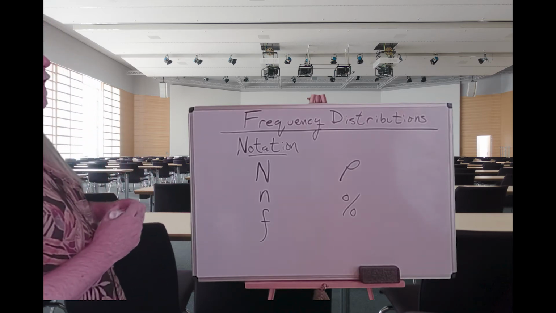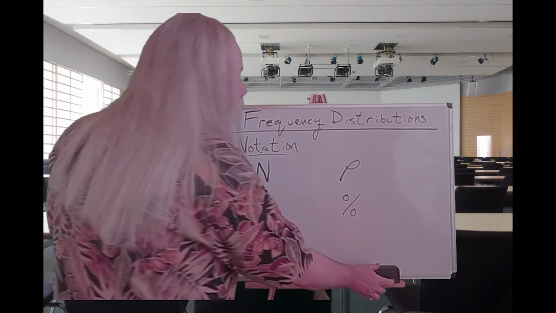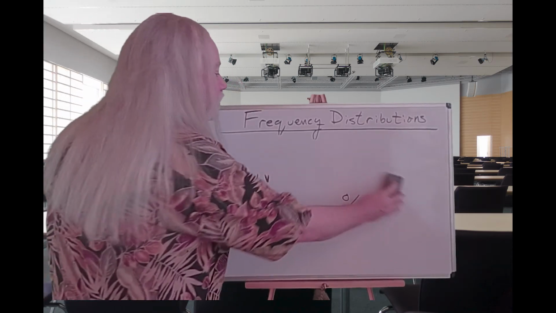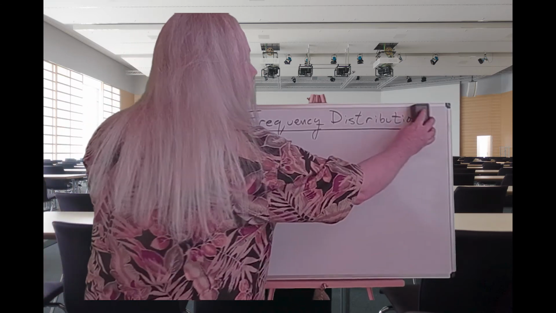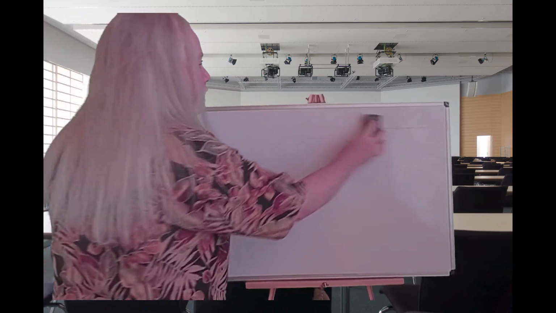Now, the very first thing that we're going to build today is a frequency distribution table. And I'm going to need this space, so I'm going to get rid of that.